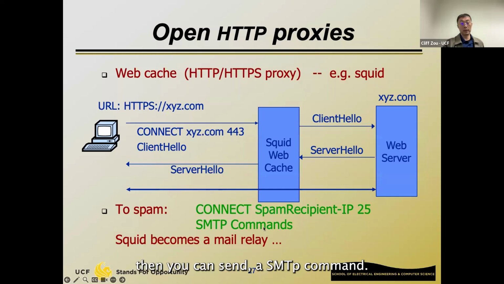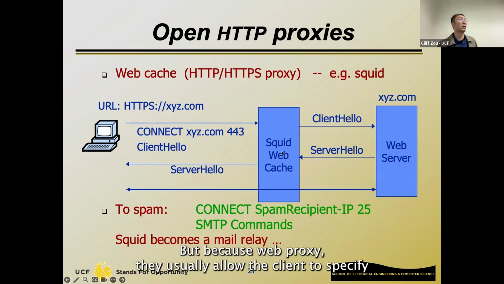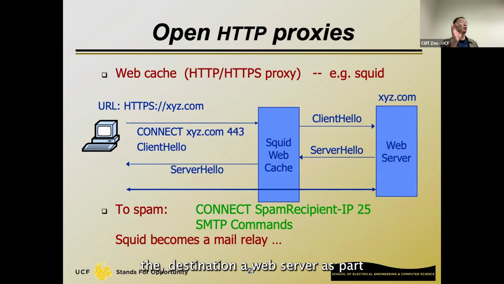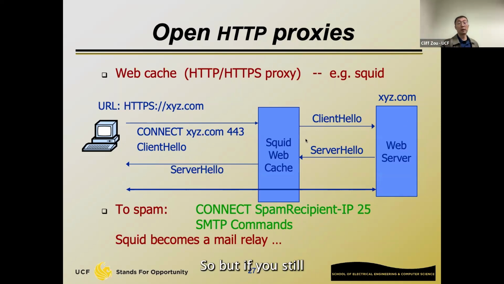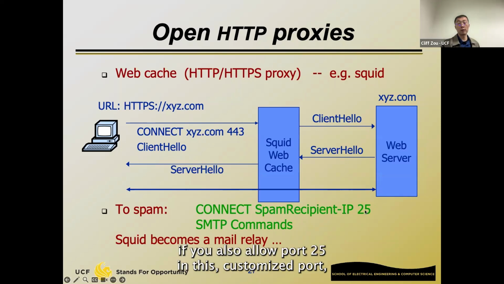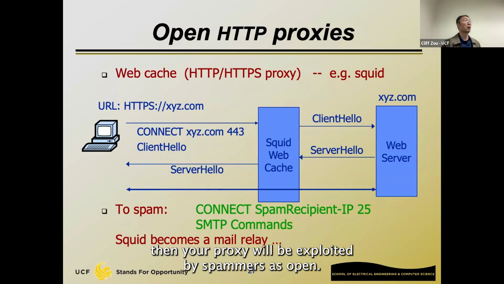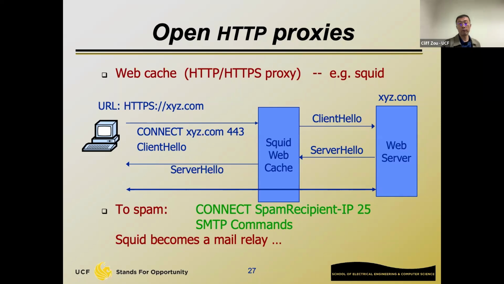Then you can send SMTP commands. Web proxies usually allow the client to specify the destination web server's port, because some web servers use a non-standard port for their web service. But if you also allow port 25 in this customized port, then your proxy will be exploited by spammers as an open relay.